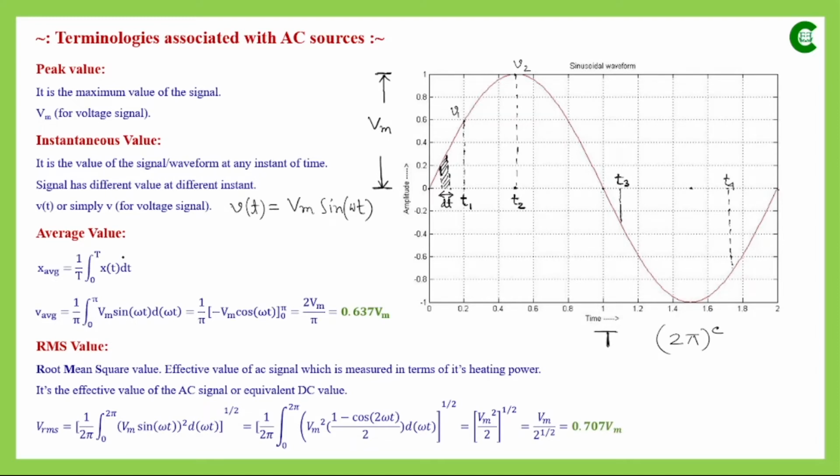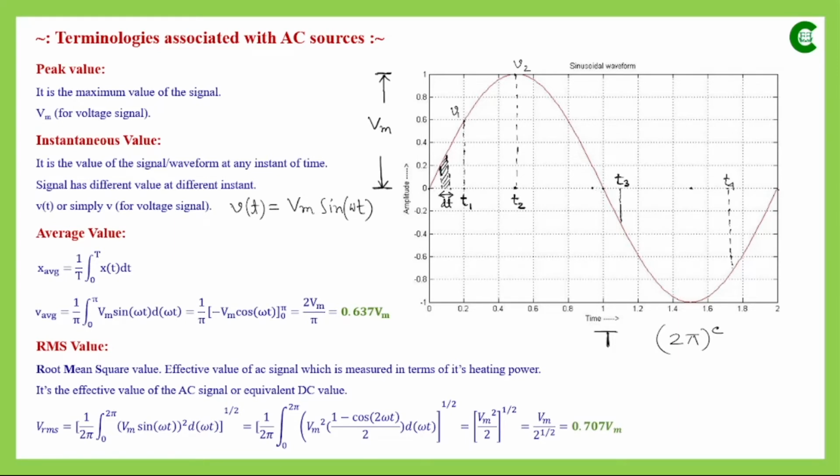Now one thing we can notice is that this is the general representation of the average value for an AC signal. When we find the average value of a sinusoidal signal, here we have considered only pi, though we know that for a total time period, the angular displacement of an AC signal is 2 pi, but here we have only considered 0 to pi.